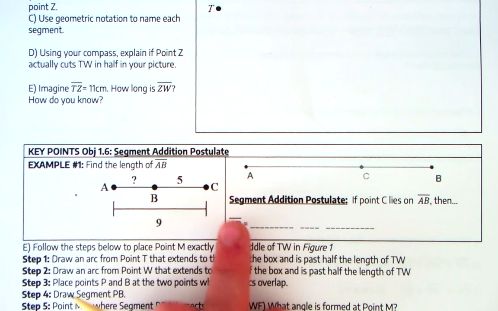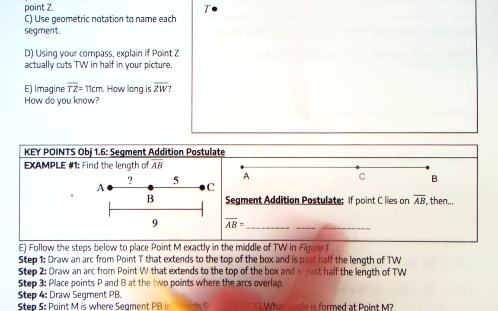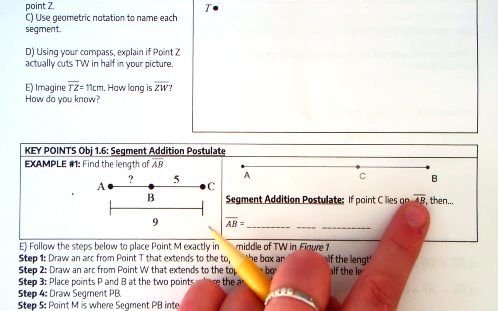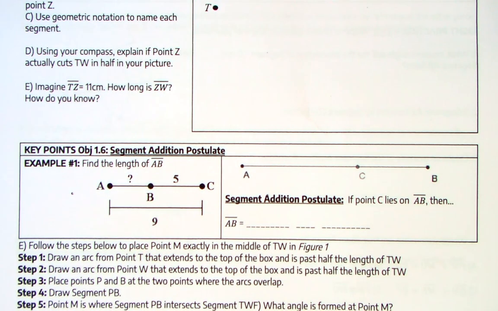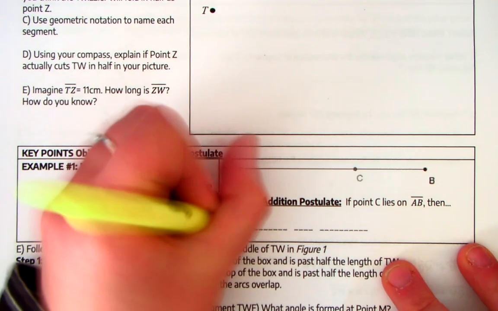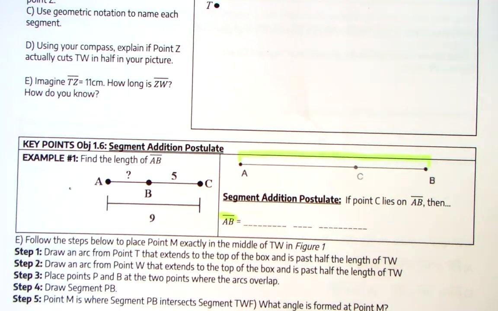I'm just going to get straight into the segment addition postulate down here in the key points box. The segment addition postulate says, if you look at this picture above here, if point C lies on AB, then AB is equal to something. If AB is this whole yellow length, I can think about the other segments.